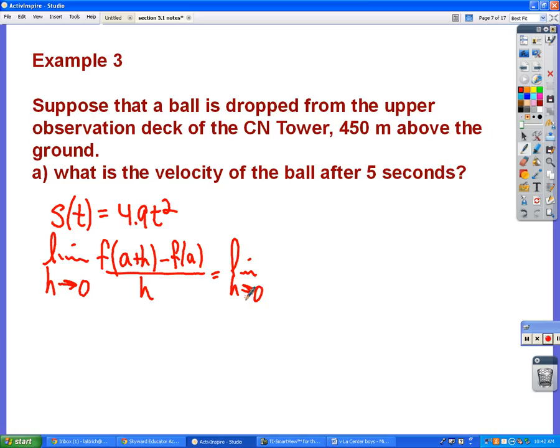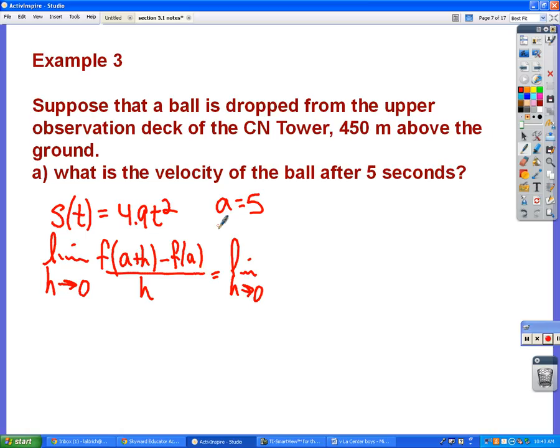So in this case, what is a? A is 5, because this is the position of the ball at any time t, and we want our time. So a is going to be 5, and it's going to be f of a plus h.